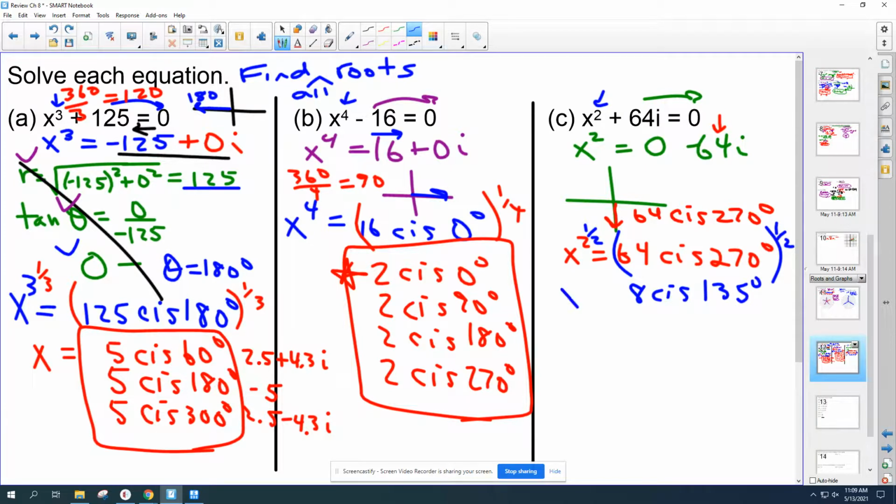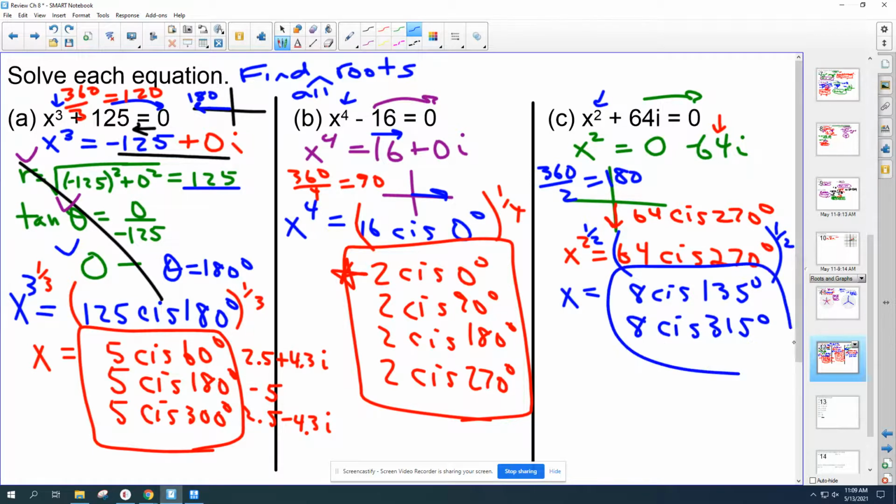So that's the first one of your 2 solutions. But there are 2 solutions. If there are 2 solutions, then they are 180 degrees apart, so we need to add 180. So what is that, 315? 315. And again, if you had to convert it, you do 8 cosine 135 and 8 sine 135 and figure that out.